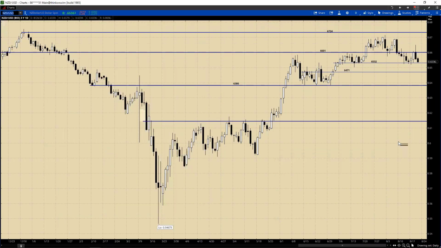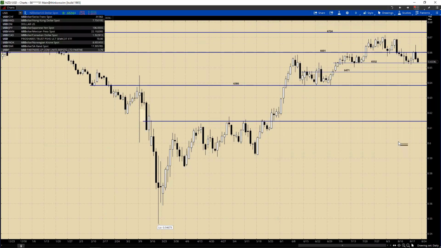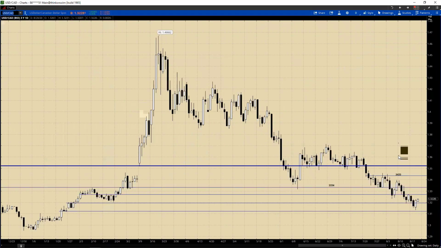And let's move into the CAD. This is a very nice recovery on the CAD. Let's move into a 2 hour chart.